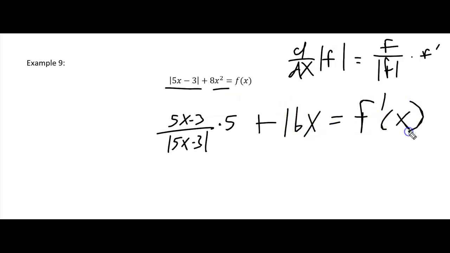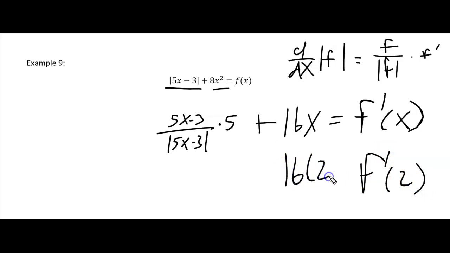Now, if you wanted to find the derivative at any point, like let's say 2, well, all you'd have to do is plug in 2. And that's it. It's that simple. 10 minus 3 is 7 over 7. That's just going to be 5. And I would end up with 37. So that's how you find the derivative of an absolute value function.